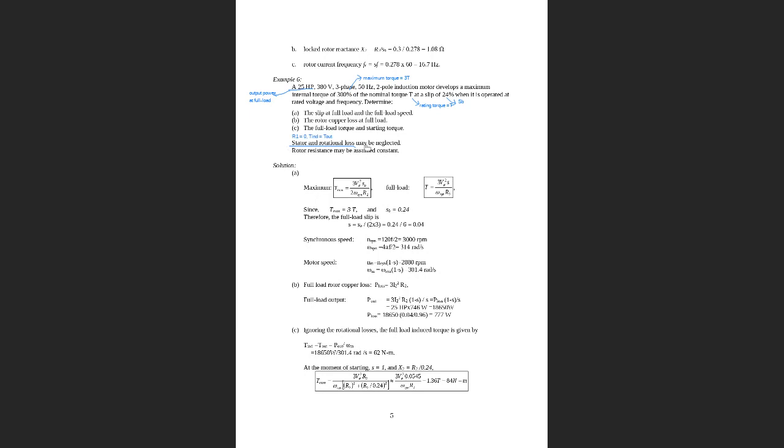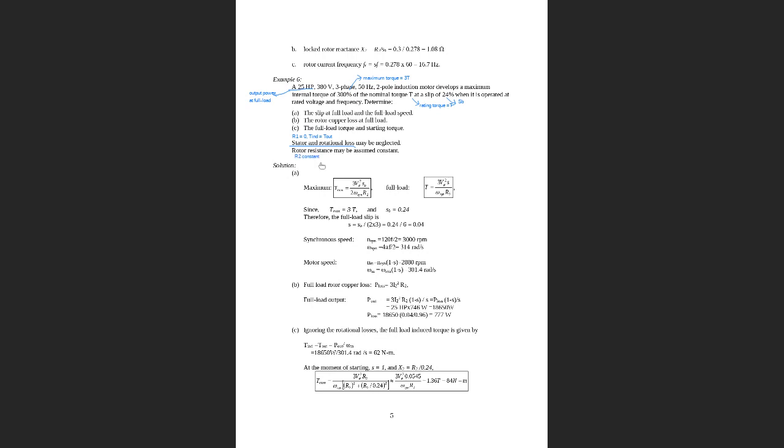Stator losses R1 equal to 0 are ignored, and rotation losses being ignored means that the induced torque equals the output torque. Now, rotor resistance may be assumed constant. R2 is a constant. That's the meaning of it.